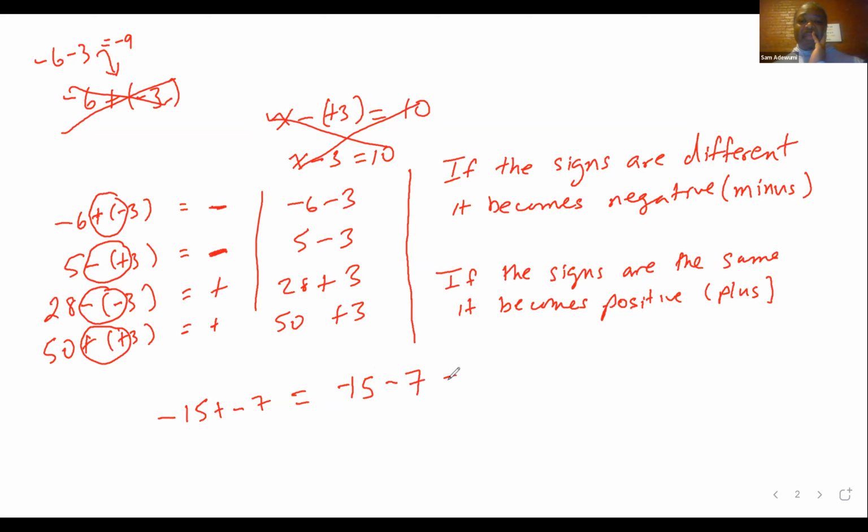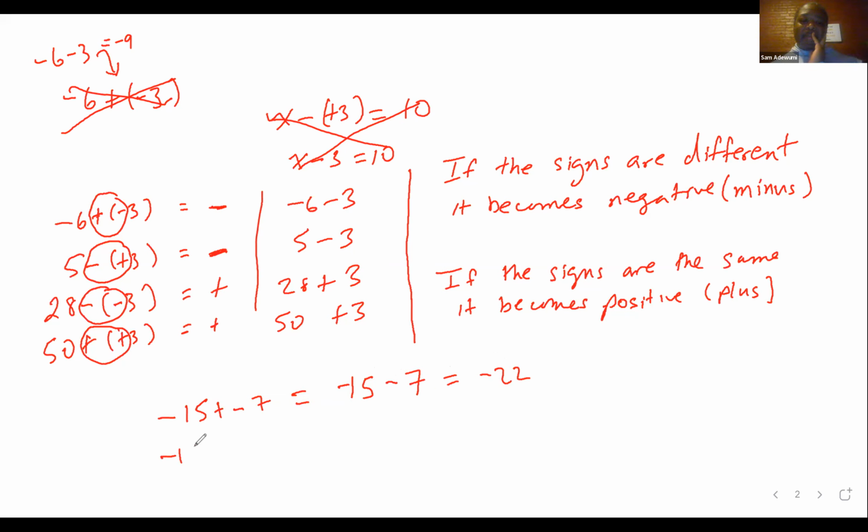So negative 15 minus 7. Final answer. Negative 22. Perfect. I'm at negative 15, I see my minus kicking me over to the left, and I end up at negative 22.